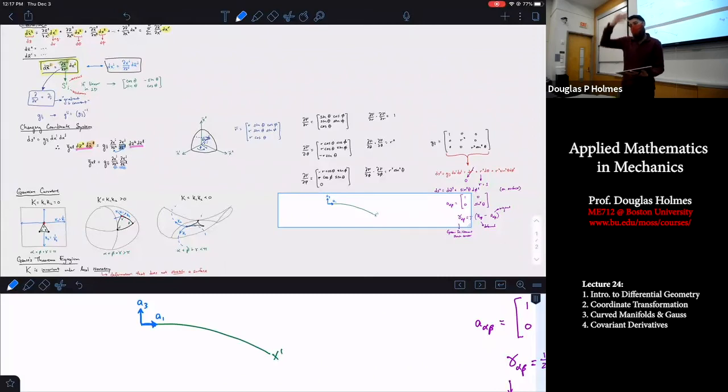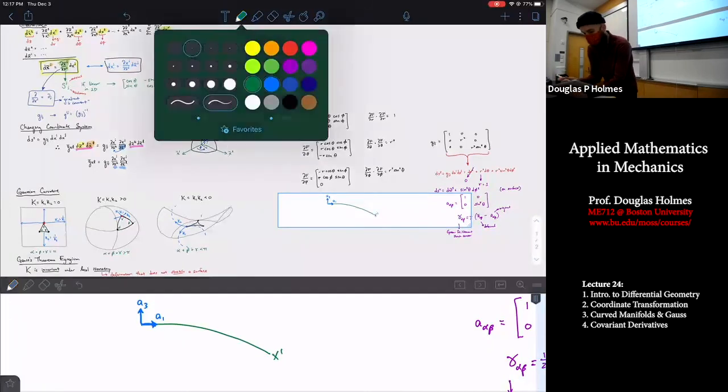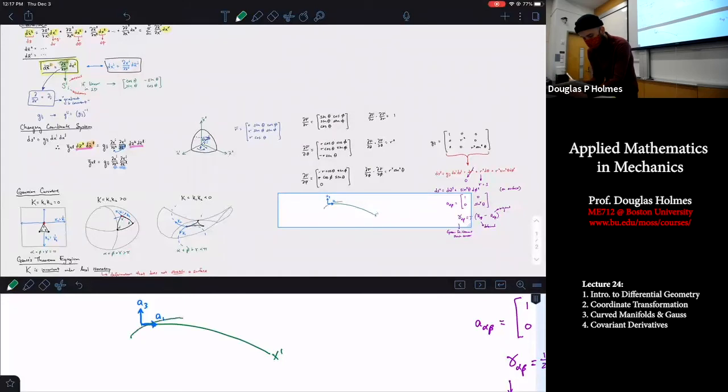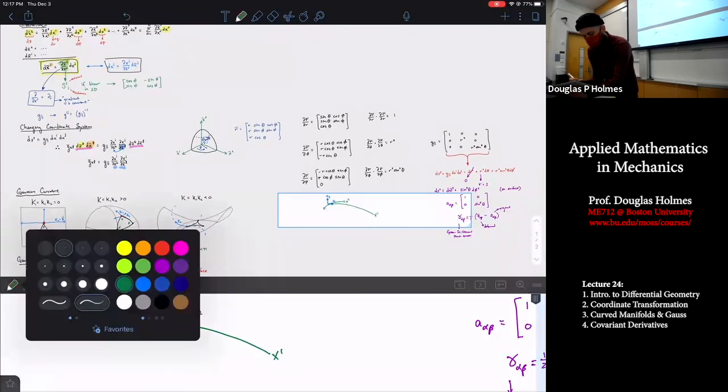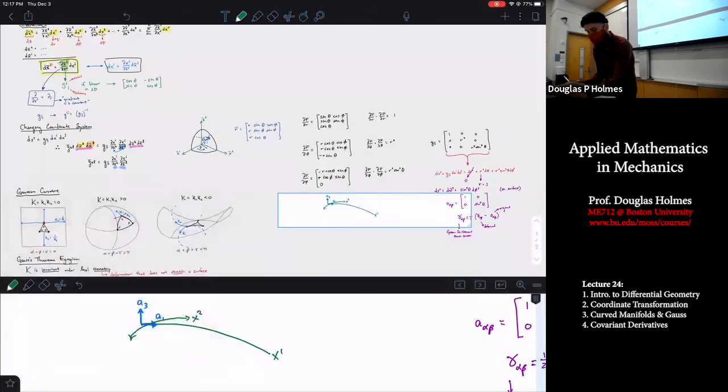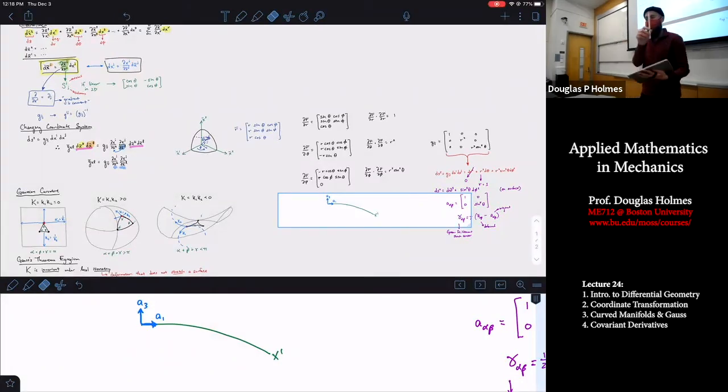So you can imagine this as a slice of a sphere, in which there's also probably some other coordinate that runs this way. And this would be the x2 direction, and then I could have a basis vector there as well. But for right now, let's just focus our efforts on this slice of my surface and ask, what does curvature mean? Curvature means that if I was to march along x1, I should be able to say something about how that vector rotates.